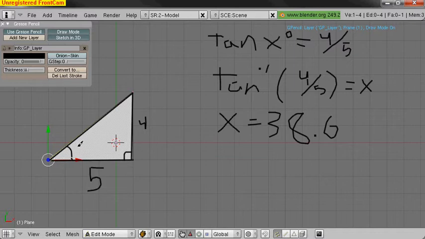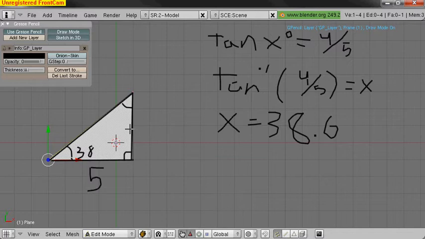I'll call that 39. And to find this angle, it would be pretty much the same thing. We would say tangent of opposite over adjacent, so it would be 5 divided by 4, and that would give us this number. But I don't want to do the same thing again.